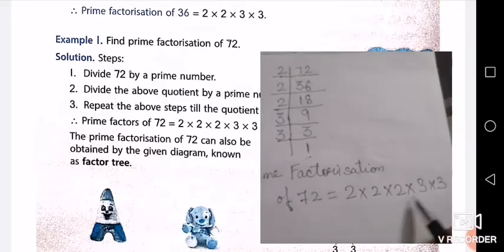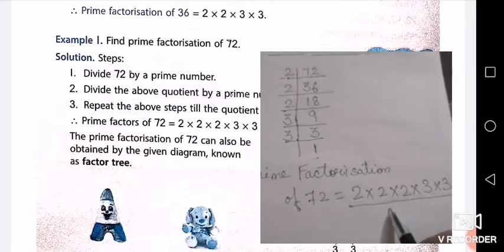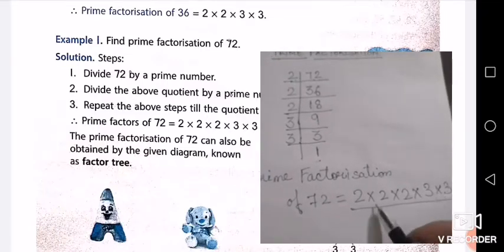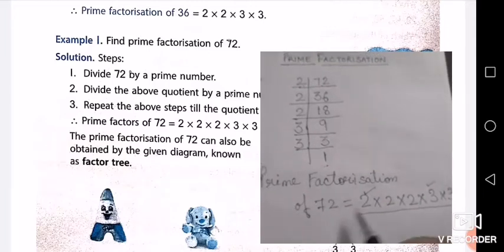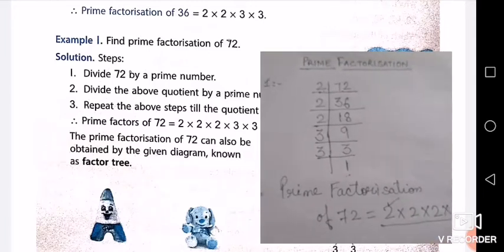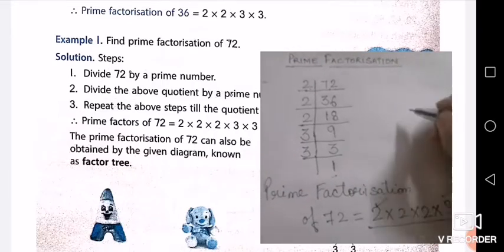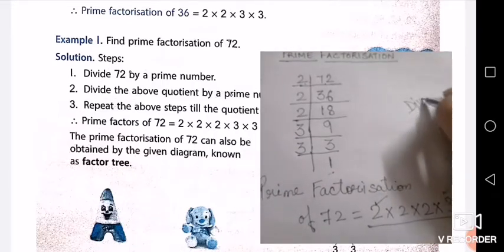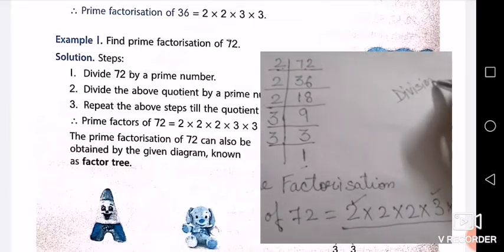So this becomes the prime factorization of 72. Now you can see all the numbers are prime. 2 is prime, 3 is also prime. So this is called the prime factorization of a number, and this method is called the division method.